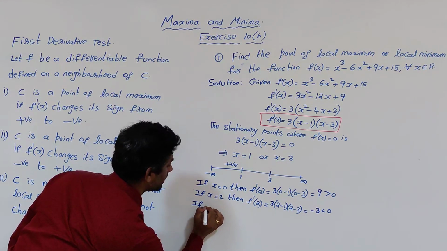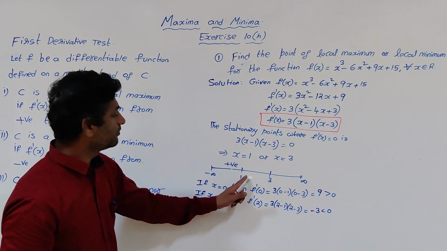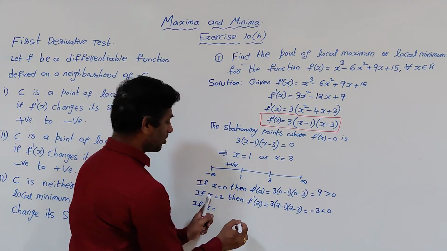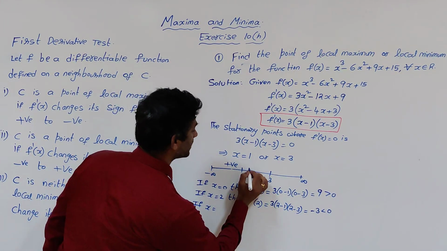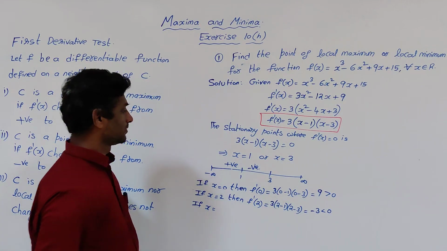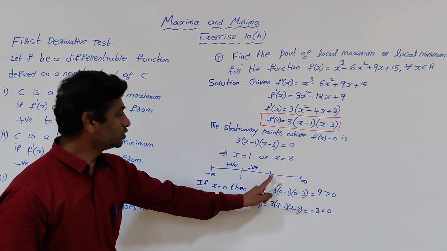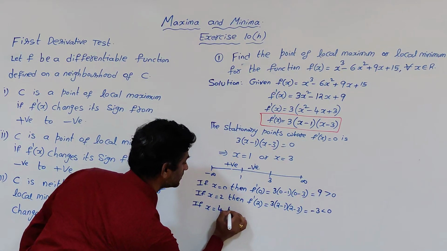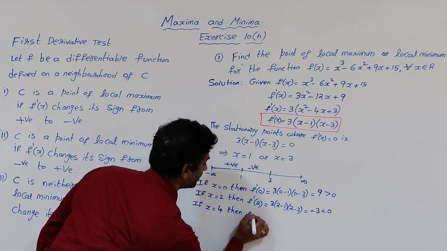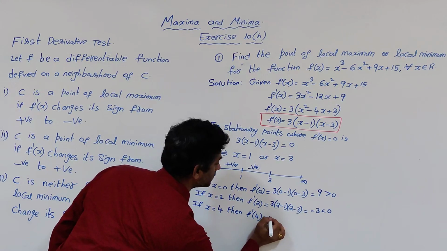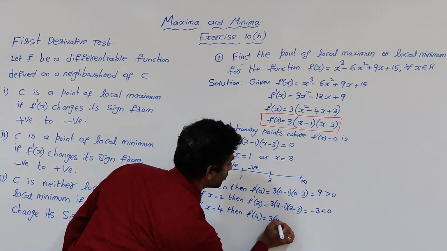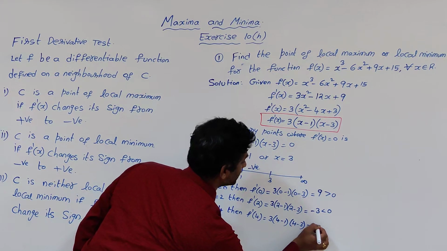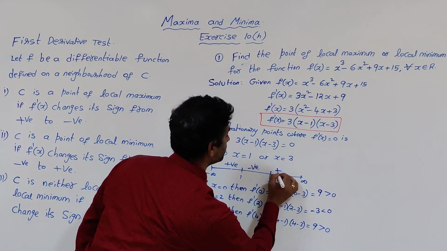Now we have chosen a point in between 1 and 3, and we are getting a negative sign between 1 and 3. Next, choose a value after 3. So if I go for 4, then f dash of 4 will be what? 3 times of 4 minus 1, that is 3, into 4 minus 3 is 1. So which is again 9, greater than 0. So it will be positive.